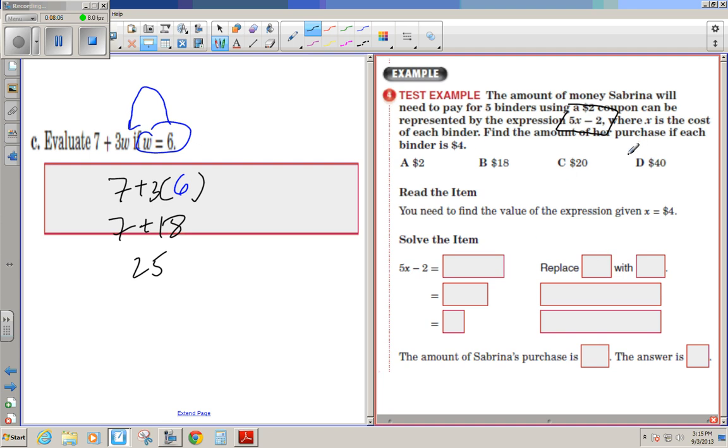So that means we replace x with 4. So 5 times 4 minus 2. Order of operations, 20 minus 2, and then subtract. 18. So the amount of Sabrina's purchase is 18.